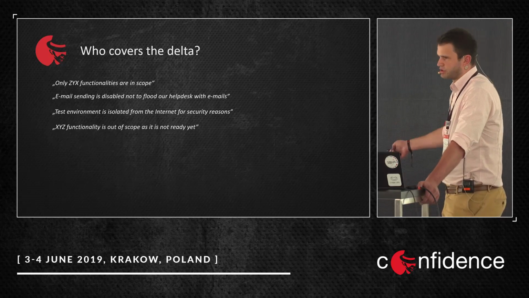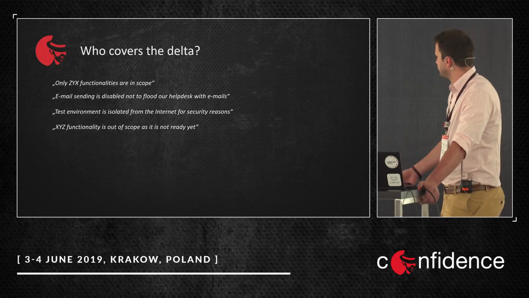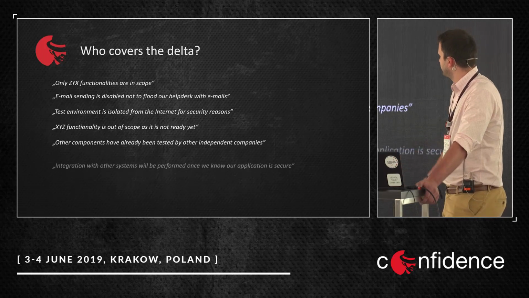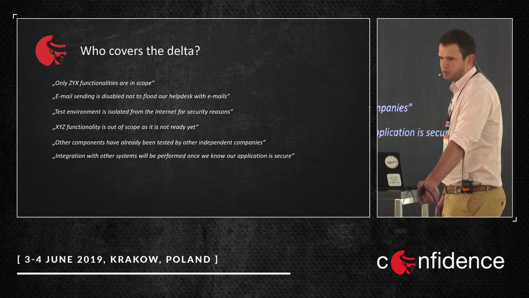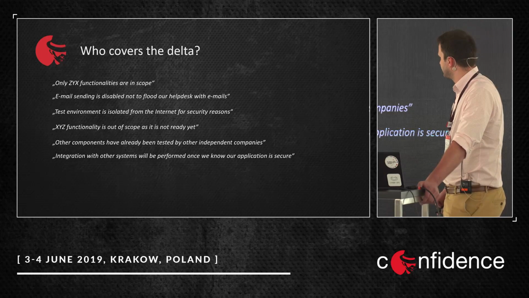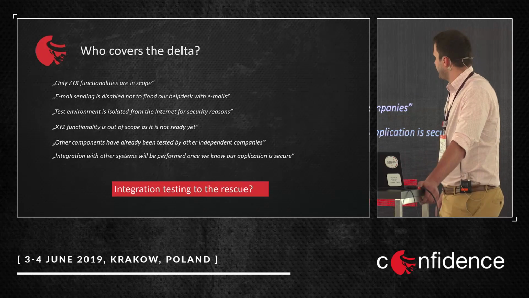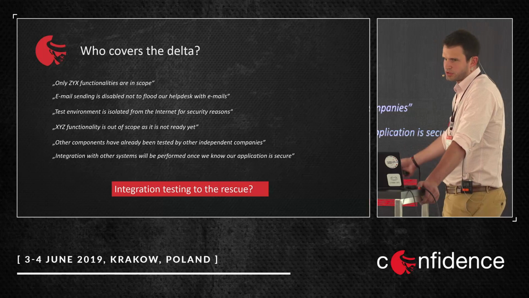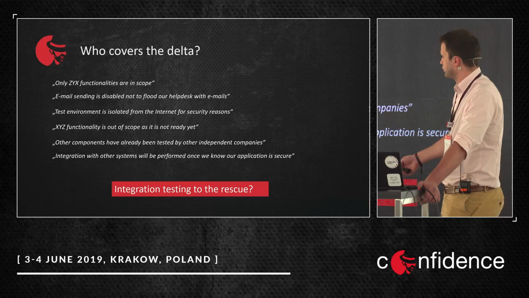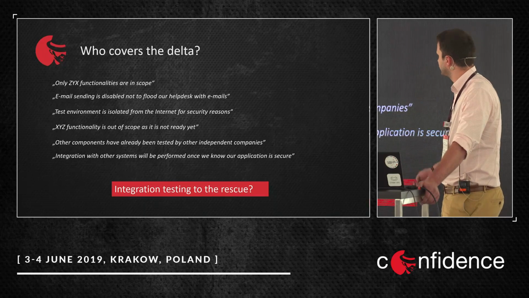Something is out of scope because it's not ready yet and go live is next week. So you have all these reasons why you cannot test the application from the very beginning to the very end. So maybe integration testing will cover all these components which are connected to or somehow dependent on our application.